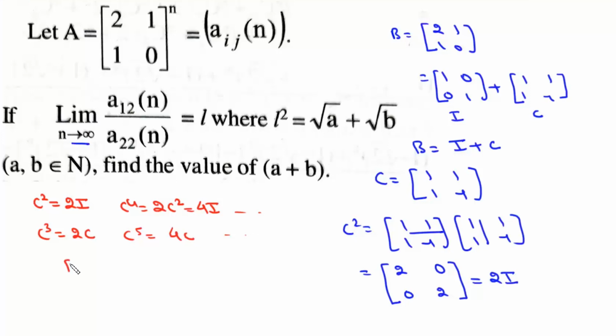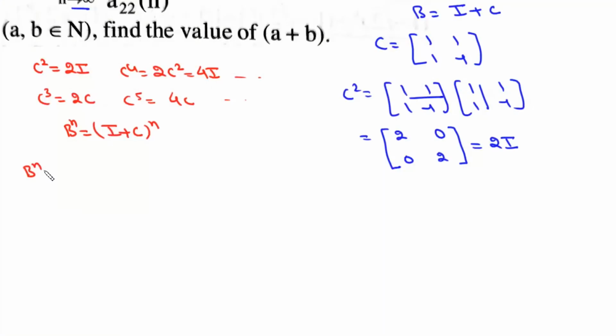Now we have assumed this B is I plus C. Now we take nth power of B, then it will be I plus C to the power n. Now we can write this as B to the power n equals nC0 into I plus nC1 into C, nC2 into C square, nC3 into C cube, and this series will continue up to nCn into C to the power n.